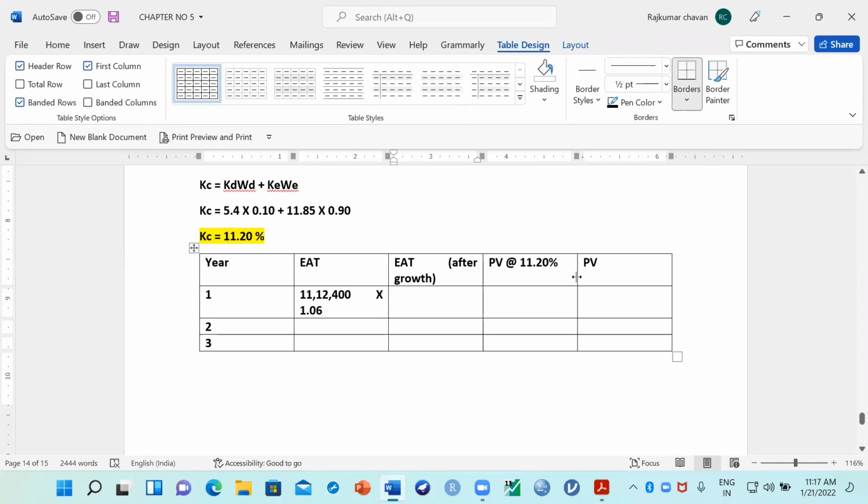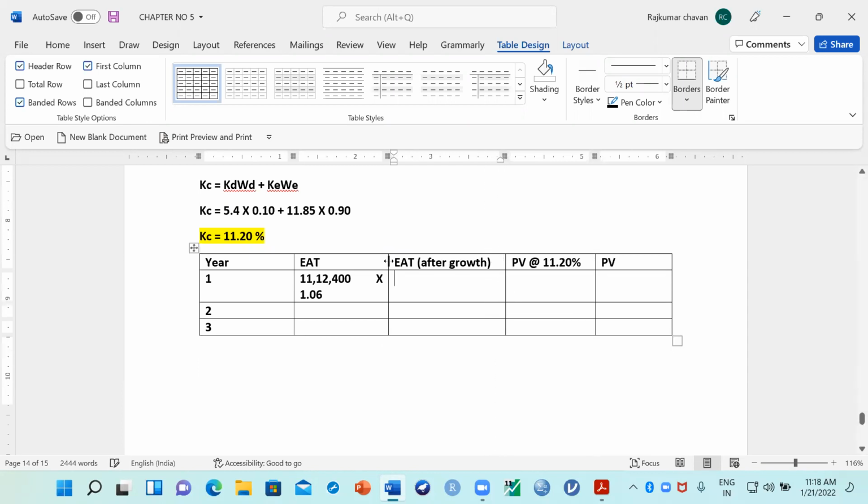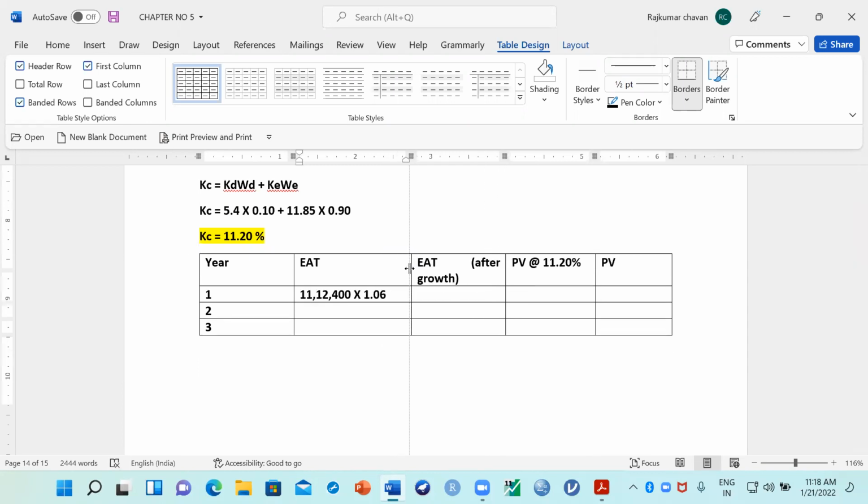So if you take this value, multiply with that 11 lakh 12,400, which is growing at 6% every year. So what is the value after growth rate? Can you tell me in the chat box? How much value will come if the company is growing at 6%?